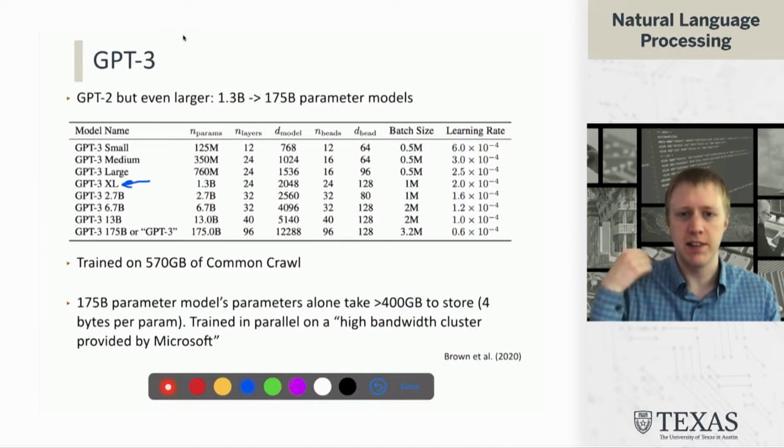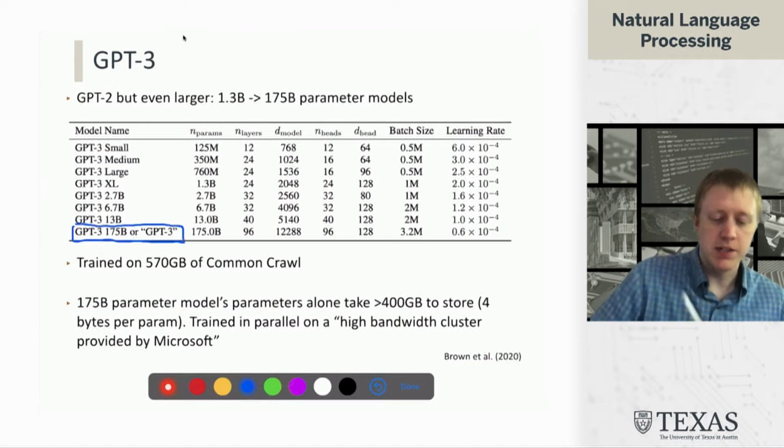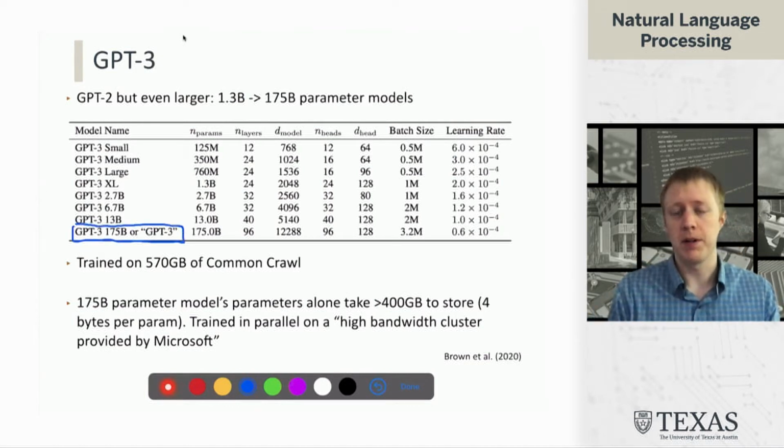They would increase the number of parameters, the number of layers, the size of each layer, et cetera, in order to make bigger and bigger models. The final one is what we call GPT-3, this 175 billion parameter model that's absolutely massive. It has to be trained on a high bandwidth cluster because you can't even store all the model parameters on a single machine, just based on the memory limitations of GPU hardware.